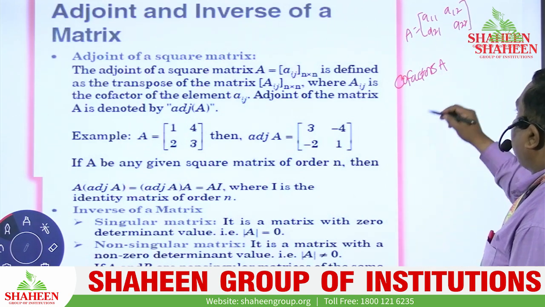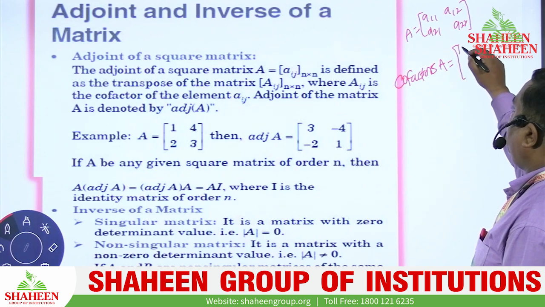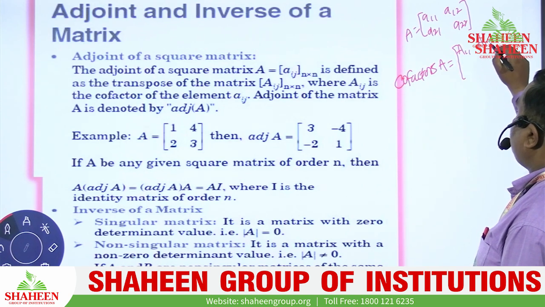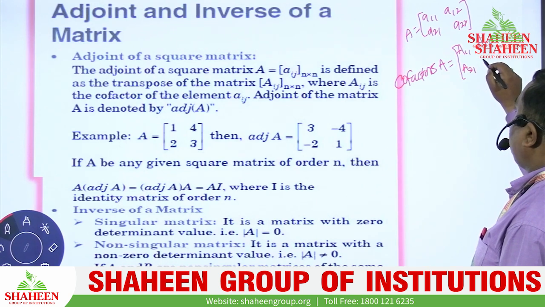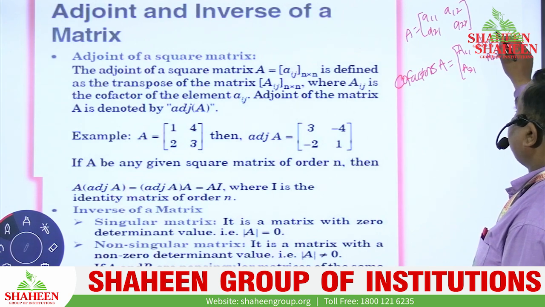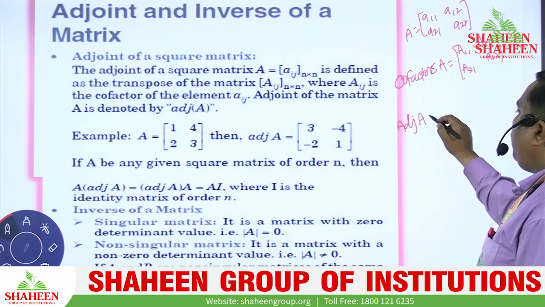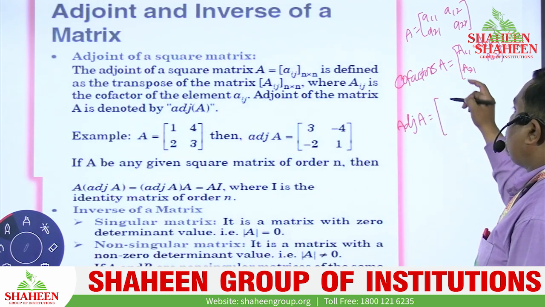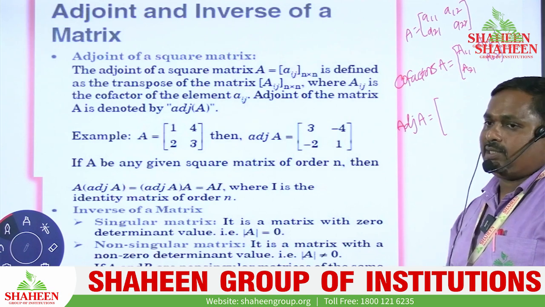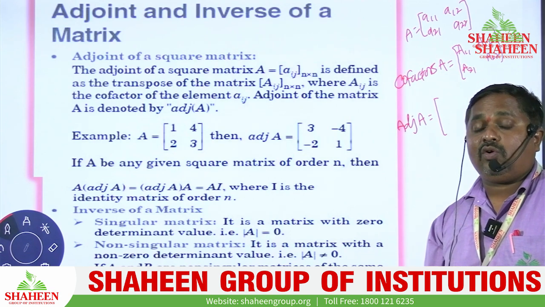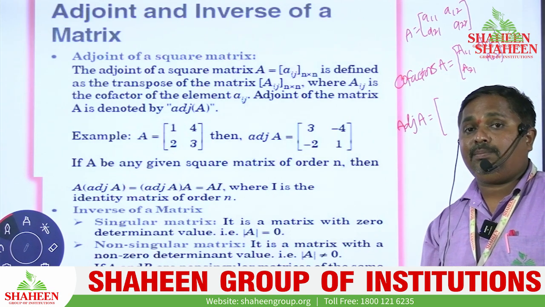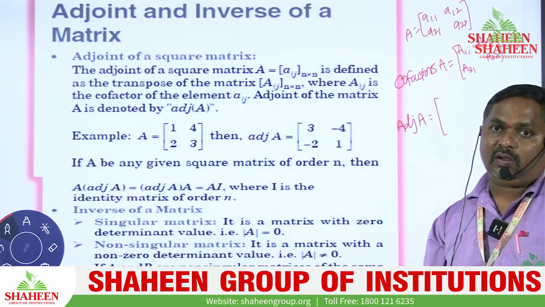Then cofactor of A is denoted by A11, A12, A21, A22. Then adjoint of the matrix A is the transpose of the cofactor matrix. The transpose of the cofactor matrix is nothing but the adjoint of the matrix.